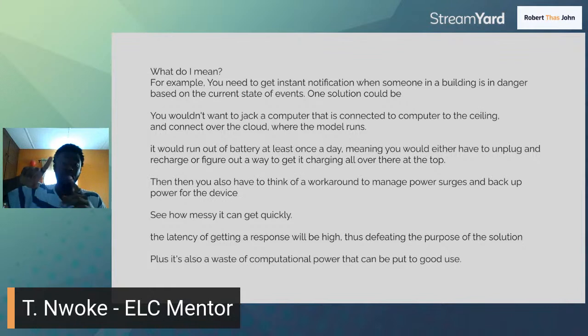So the time between sending that data to the cloud, running the process there, because these algorithms are expensive in computational costs, as we've already established, and sending that data back, the perpetrator of that particular event might have already escaped, and there's no point of the solution already. So these are some of the reasons why we need TinyML in our society.